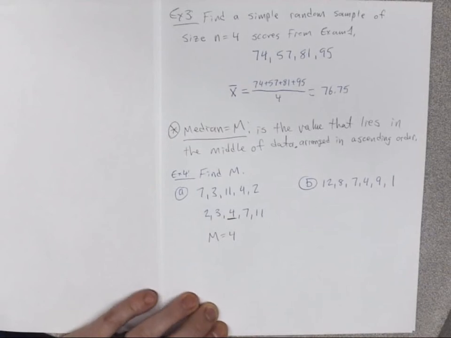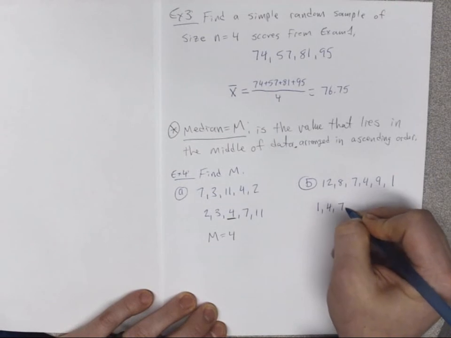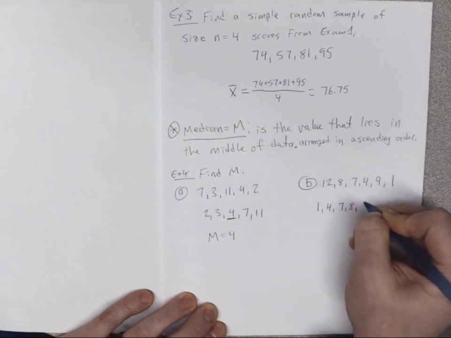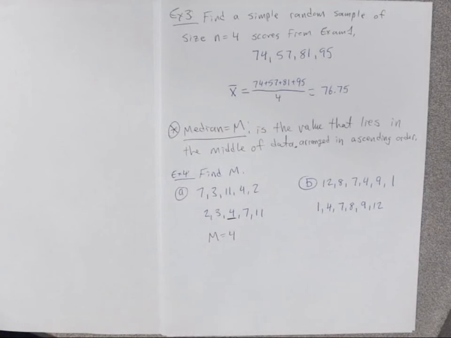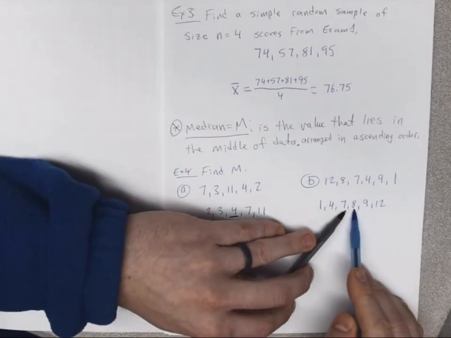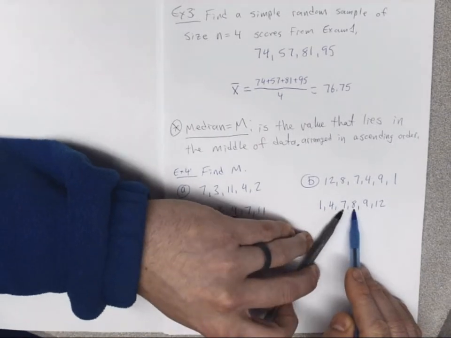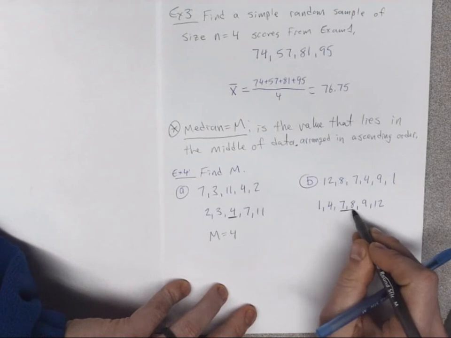First thing we have to do is arrange it in ascending order. 1, 4, 7, 8, 9, and 12. So if we start by counting from both ends, there's 1, 2, 3, and they meet right here. So both of these numbers are in the middle. So what do we do in this case?